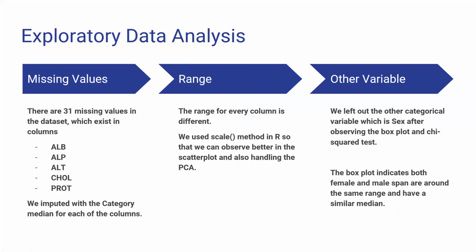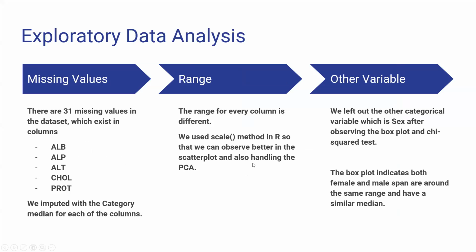For the exploratory data analysis, firstly, we dealt with the missing values, since our data set contains 31 missing values, which can be found in these 5 variables. So what we did was we imputed the missing data with the category median for each of the columns.